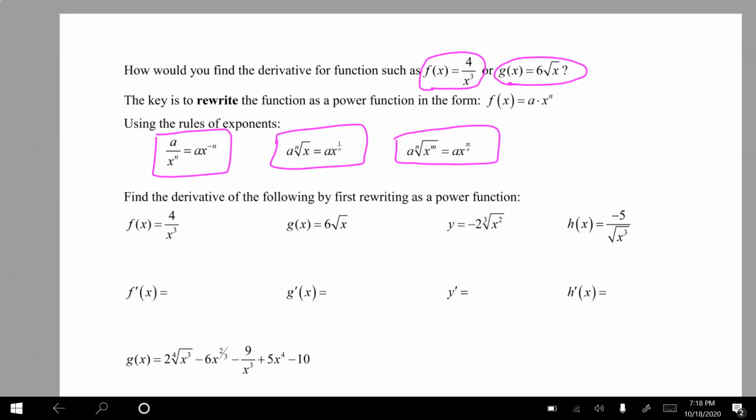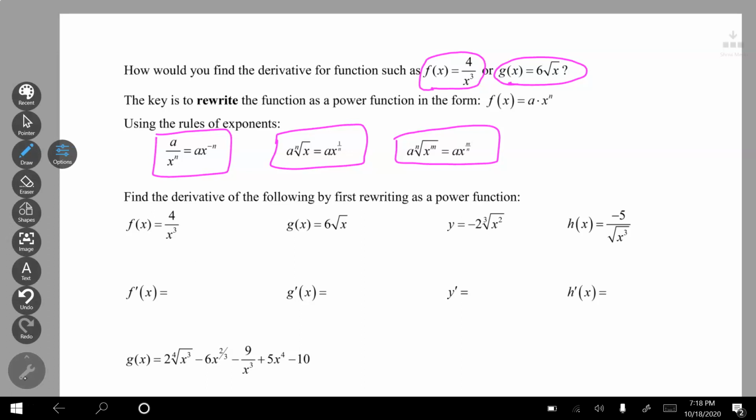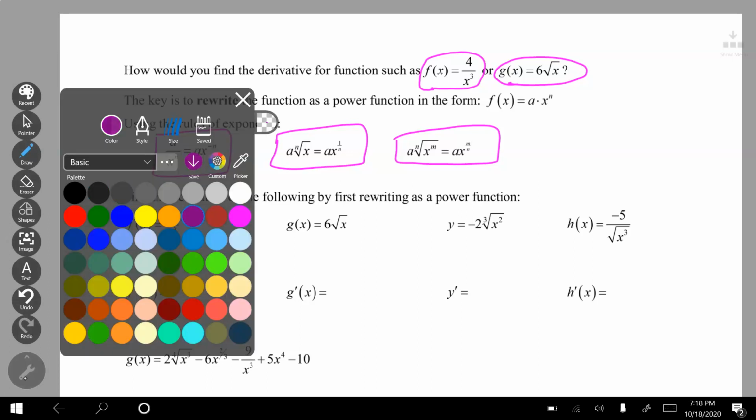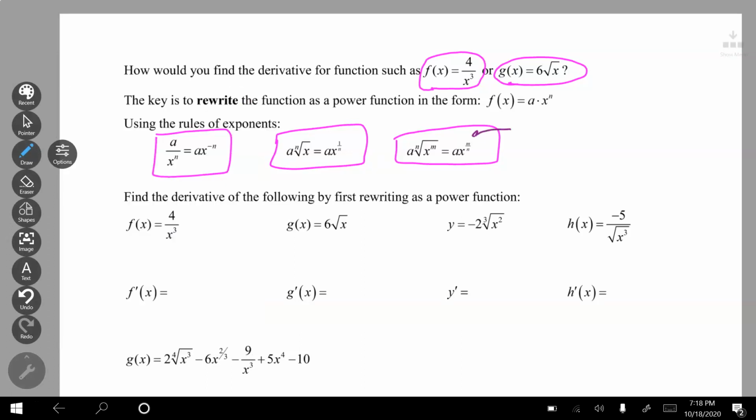And the same thing goes when I have a power and a root, the numerator is the power and the denominator is the root.